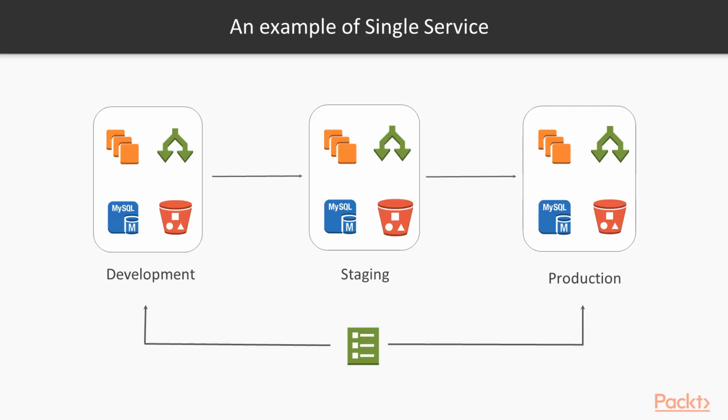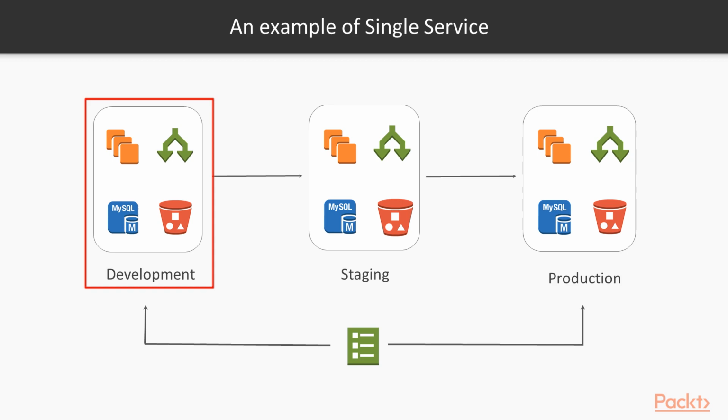So we are taking an example of a single service. Let's assume that this is a single service in the development environment. Now within this, you have a few EC2 instances, you have a load balancer, you have a MySQL RDS database, and you have the S3 bucket. So this is somewhat like a three-tiered architecture.